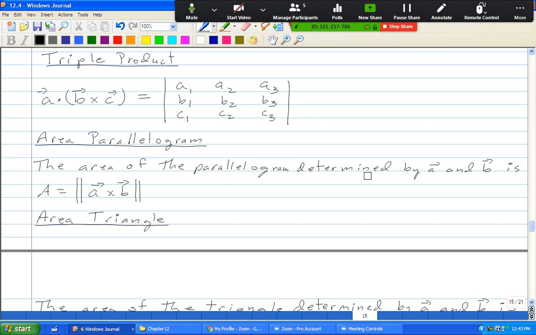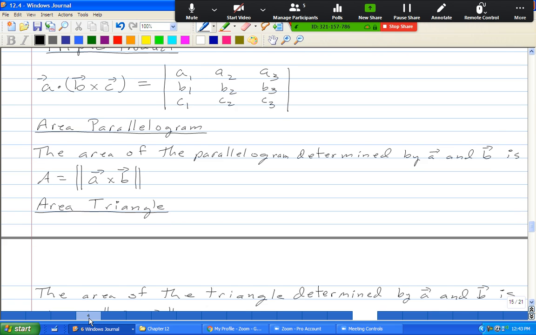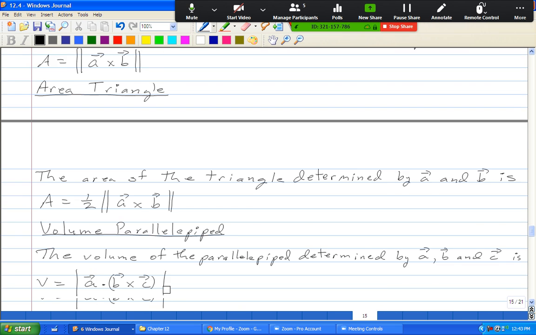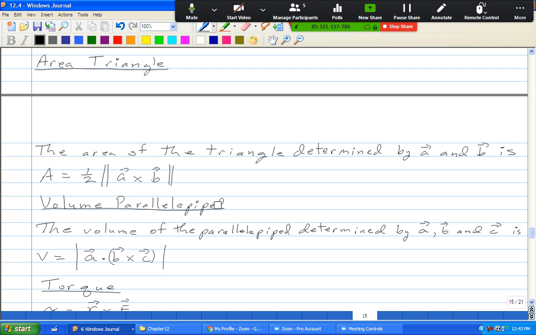The area of the parallelogram determined by the vectors A and B is just the norm of the vector A cross B. The area of a triangle determined by the vectors A and B is just half of the norm of A cross B. And this is what we wanted, which was the volume of a parallelepiped determined by the vectors A, B, and C. So if you look at this box determined by the vectors A, B, and C, then the volume of it is just the absolute value of this triple product.